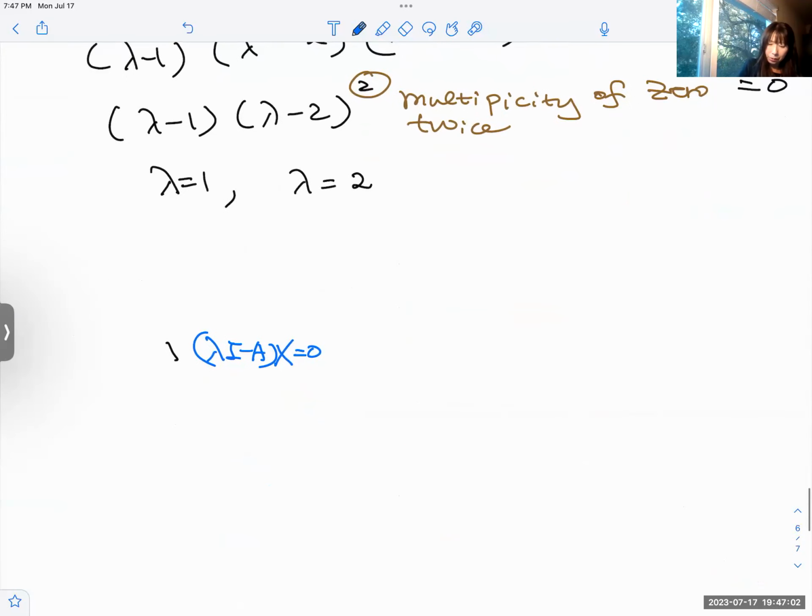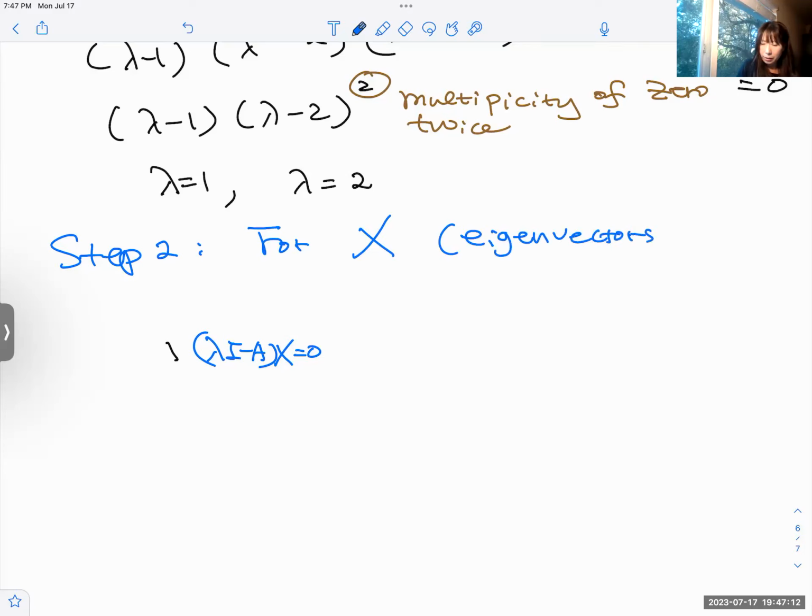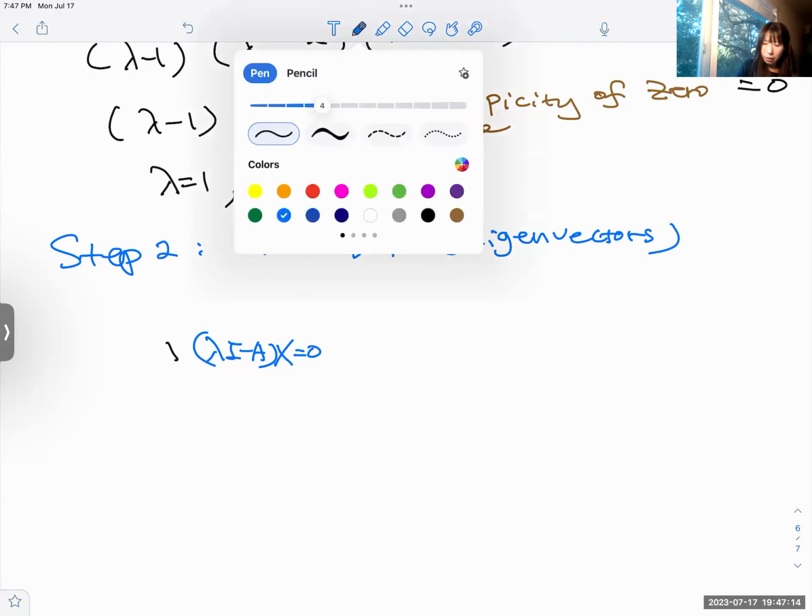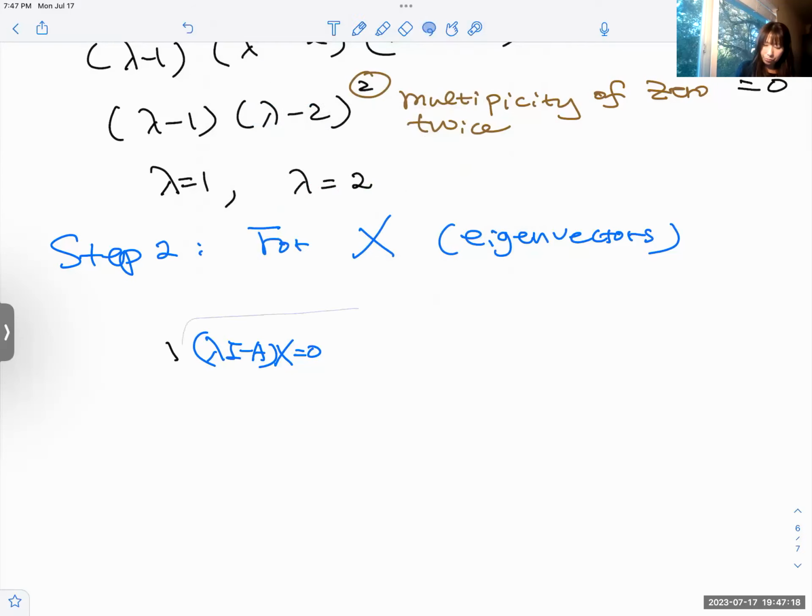Step 2, for eigenvectors. So when we have a lambda equal to 1, right?